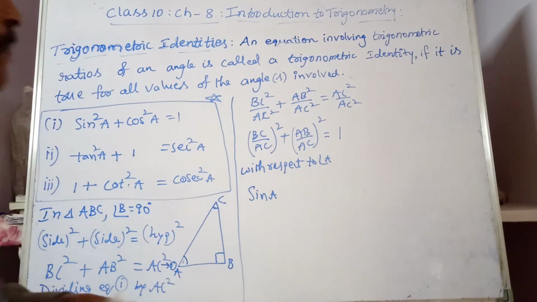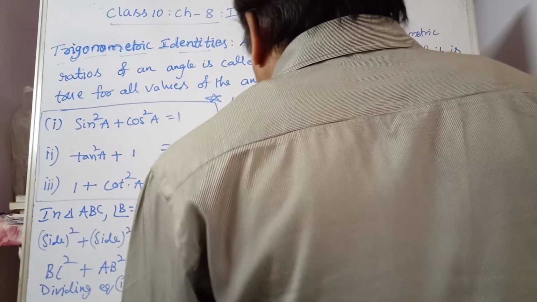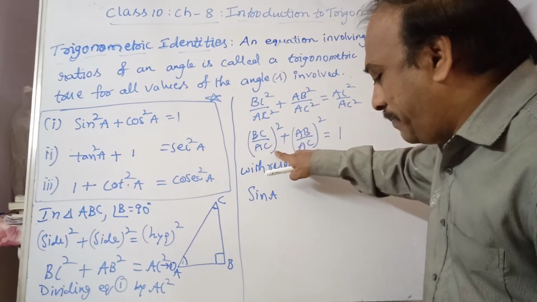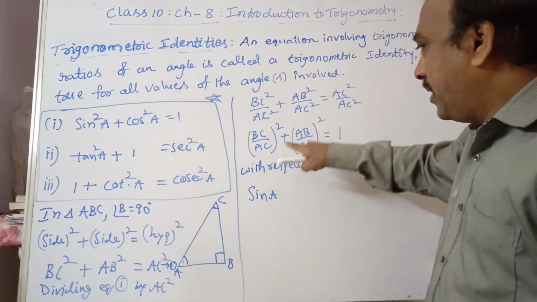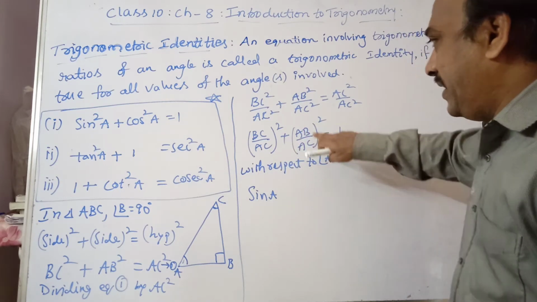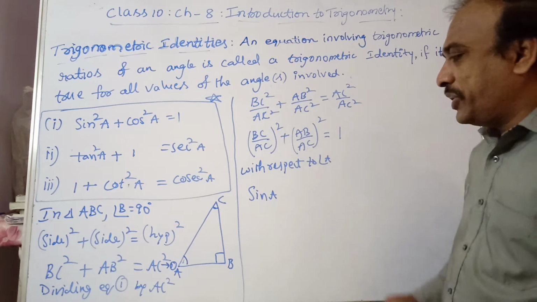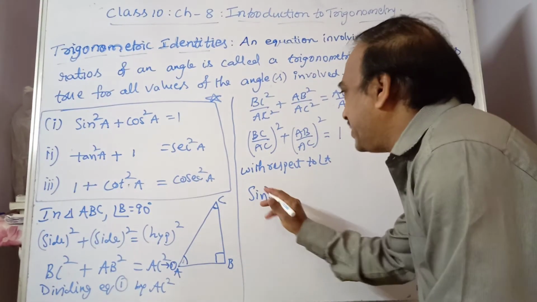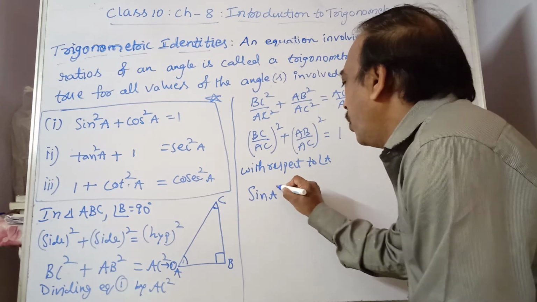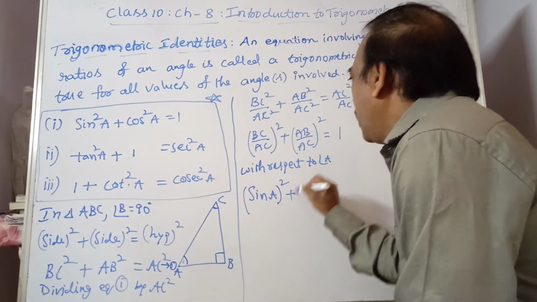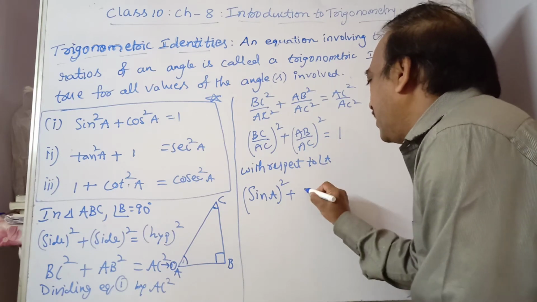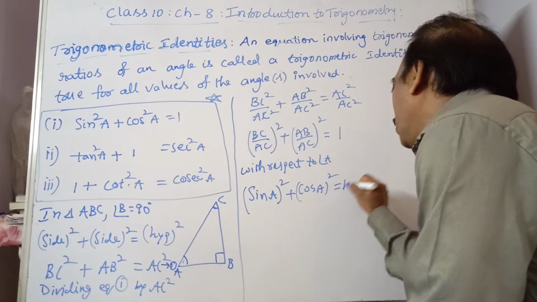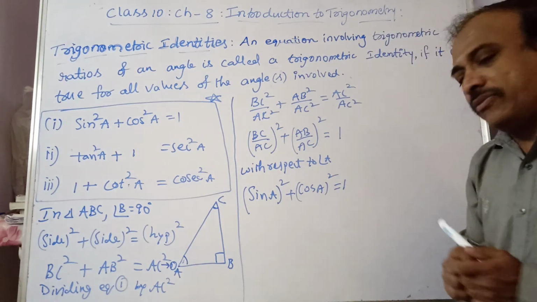Then AB by AC, that is adjacent side by hypotenuse, is cos A. So sin A whole square plus cos A whole square is equal to 1.